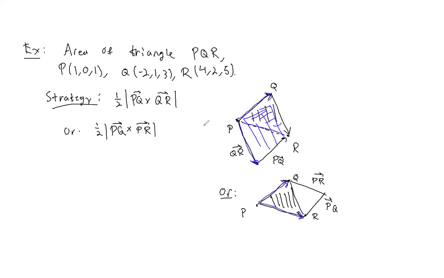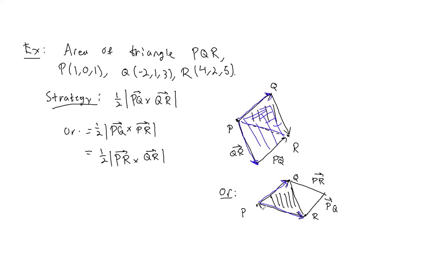So what's the point? The point is it doesn't matter which combination of the three vectors you want to use. They're all going to be the same. 1/2 PQ cross QR, 1/2 PQ cross PR, 1/2 PR cross, sorry, not PQ, I already did that one, cross QR. You can go from PR to QR, right?